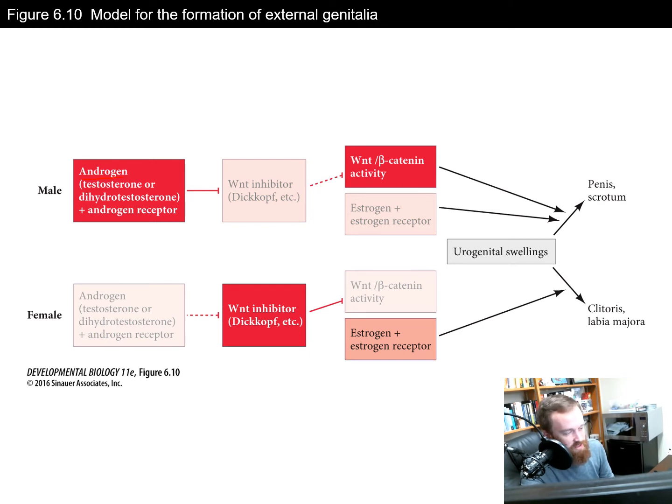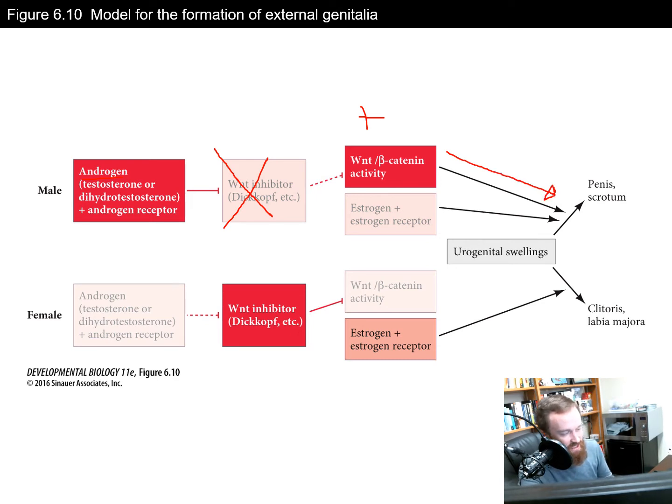If they're present, they block WNT inhibitors. If those WNT inhibitors are blocked, and I'll put a plus here, that allows for the expression of WNT and beta-catenin activity. Once those are expressed and active, they lead to the development of the penis and the scrotum.